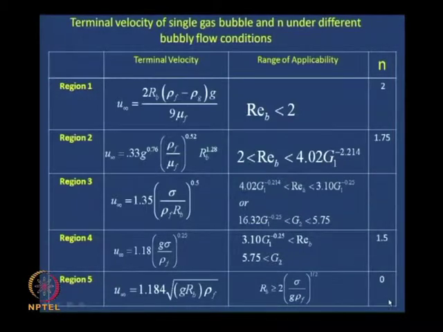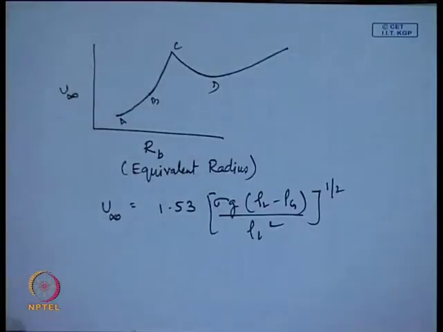So, here we have the terminal velocity u infinity values, and for each region the corresponding n values are also given. Suppose you are required to find the void fraction or the pressure drop during the bubbly flow pattern. First, you have to write down the expression of the pressure drop. There we find that alpha is important. Alpha has to be found from the drift flux model. For finding alpha, we need J21.